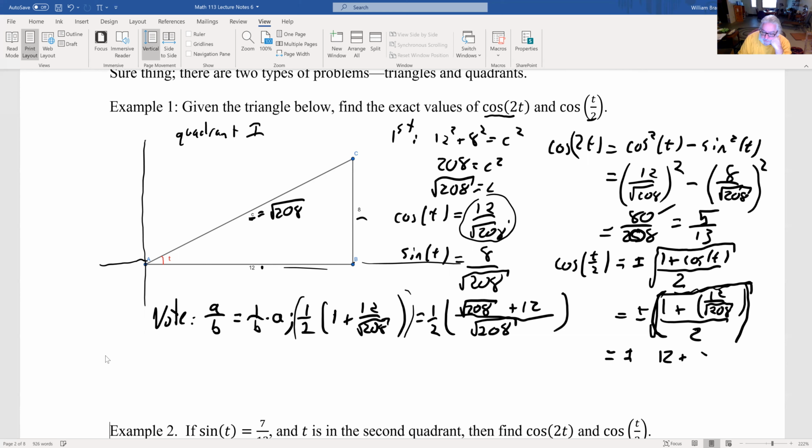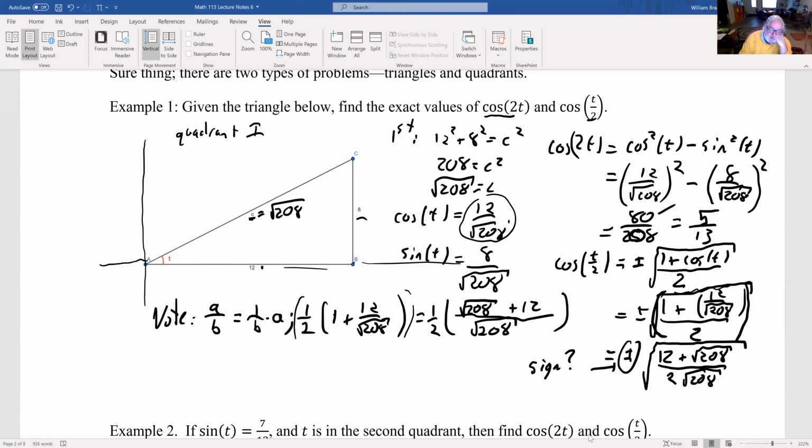Except I like to put the integer first and then the square root. And this whole thing is inside of a square root. Okay, so that's about as simplified as I'm going to get. There's some things you can do with square roots, but I'm not going to bother. Plus or minus, which sign?